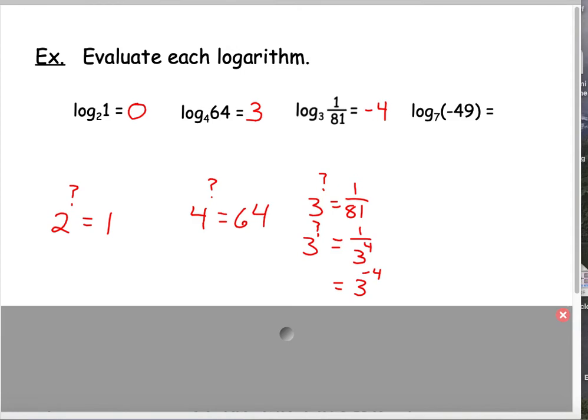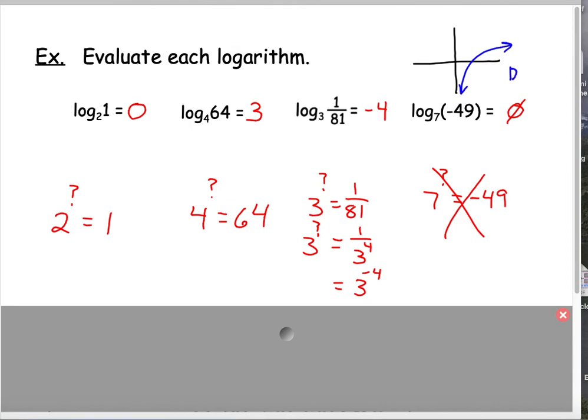And then finally, 7 to what power equals negative 49? Well, 7 to the 2nd power is 49. But wait a minute. We can't raise 7 to a power and get a negative number. That's never going to work. So that's no solution. Now remember what the log graph looks like. The log graph looks like this.